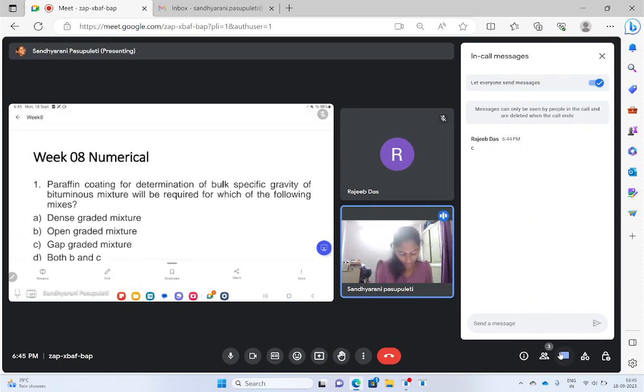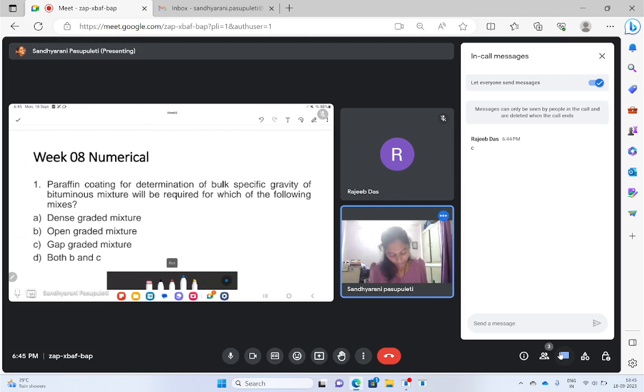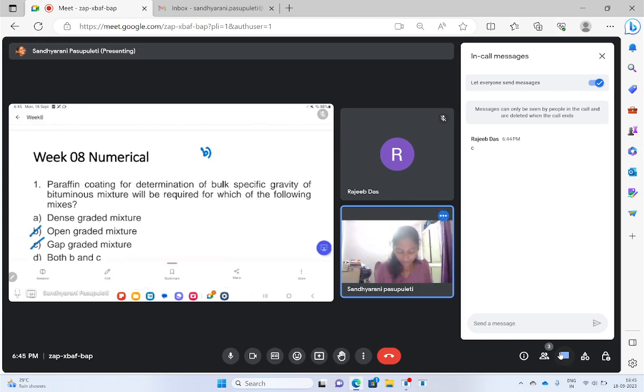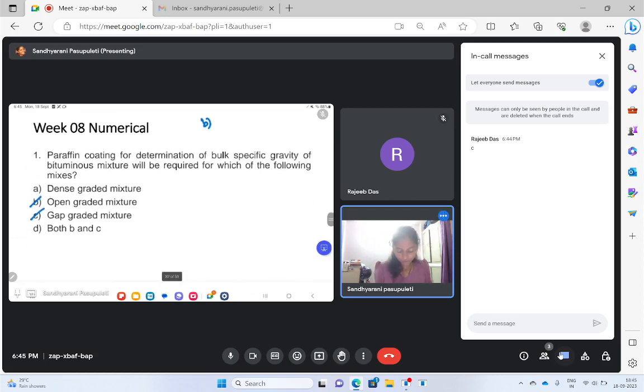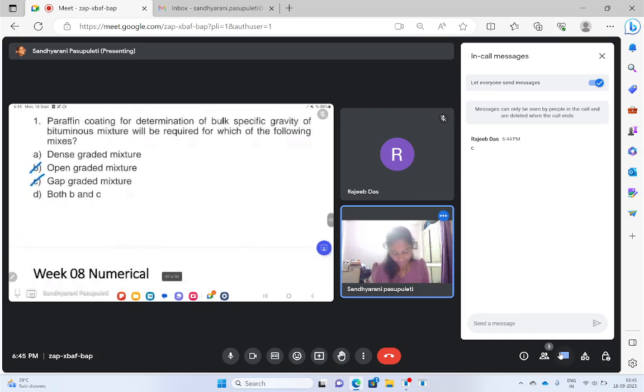Yes, option C is correct. But in addition to option C, if you observe, there is option B, which has open graded mixtures. That means this also has more air voids, like gap graded mixtures. So both option B and C will require the paraffin coating method. So option D is the correct one.